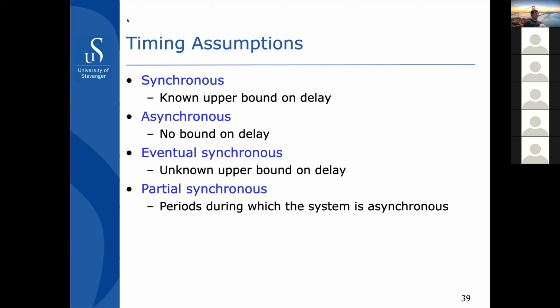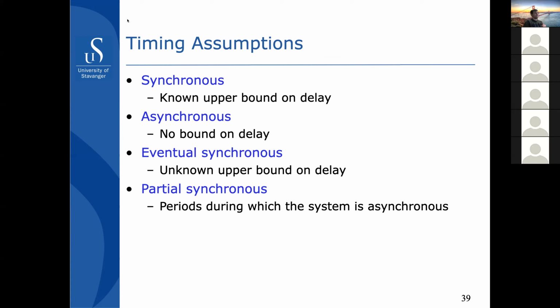Then we have two more classes in the middle. For example, we have the eventually synchronous model, and here comes the keyword eventual again.